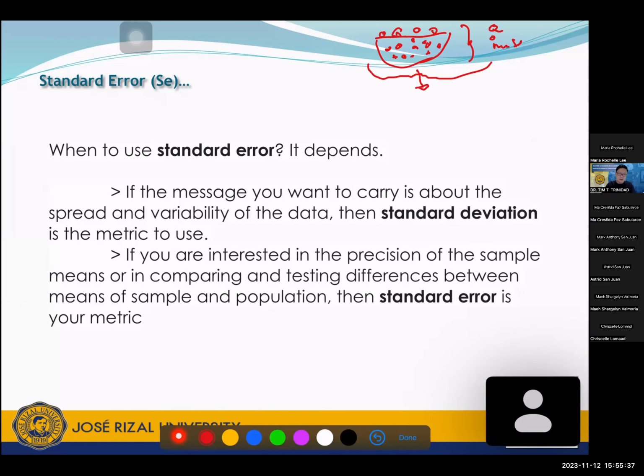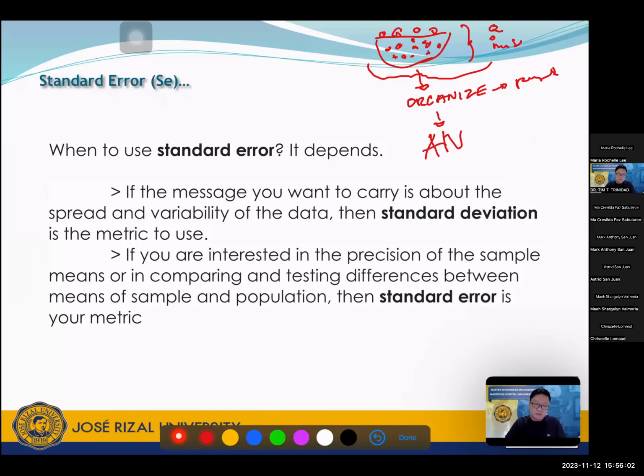Organize. Okay. After you organize, what do we do next? Analysis. Yes. You organize and present. And then now, if you have organized data, you are now ready to analyze. Okay? Are you still with me?